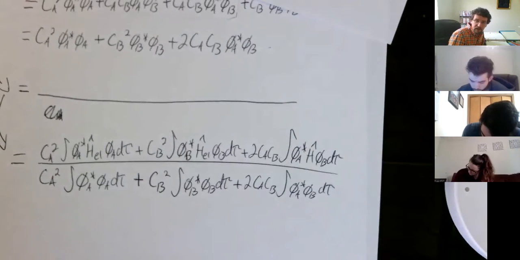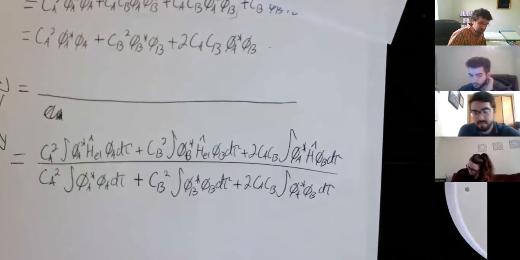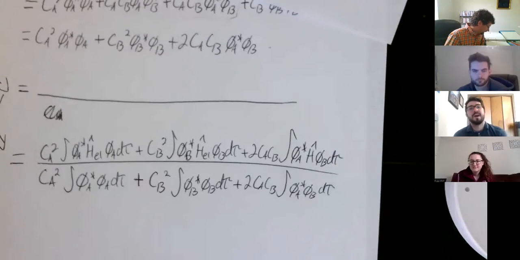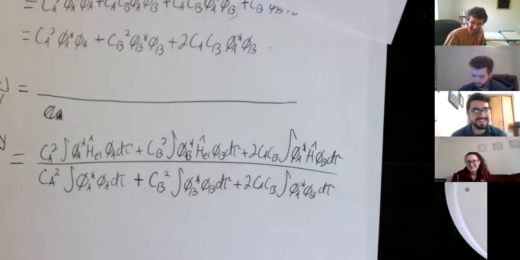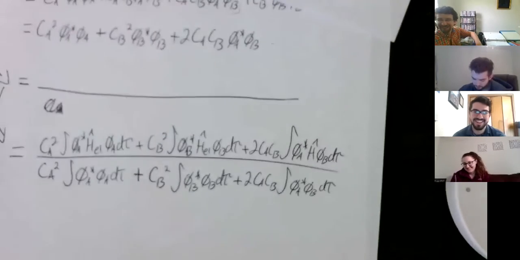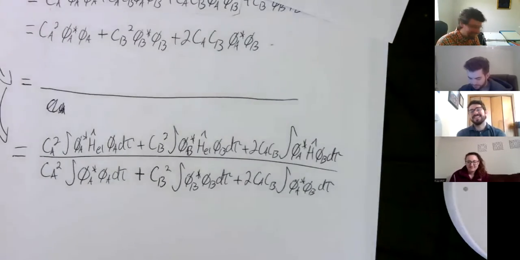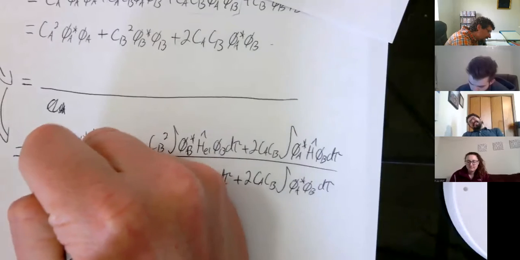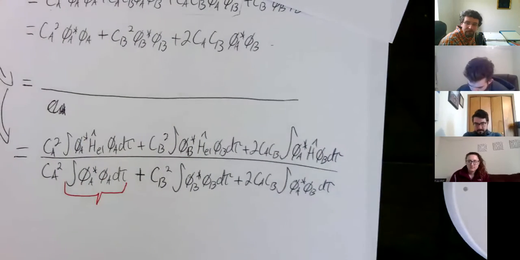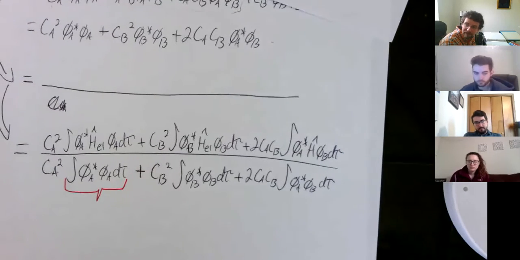Okay, does anybody see any way we can simplify this? I'm hoping everything cancels. Things do cancel sometimes in PChem. You just got to get lucky. This integral, remember, they're normalized.